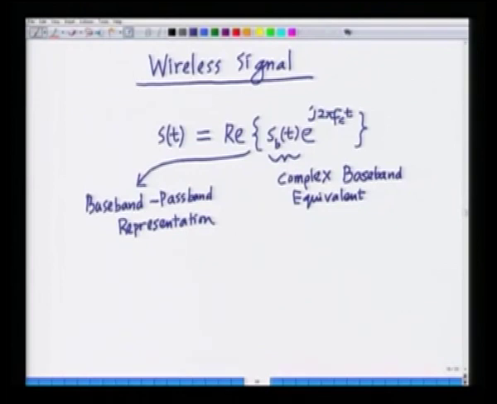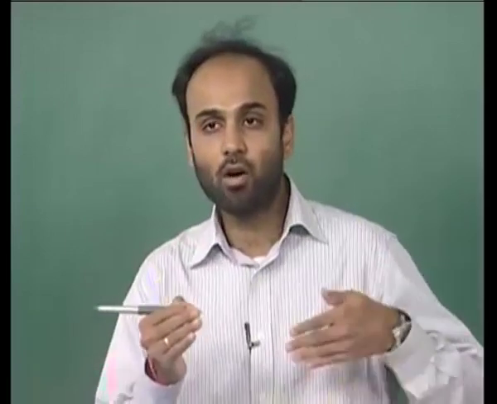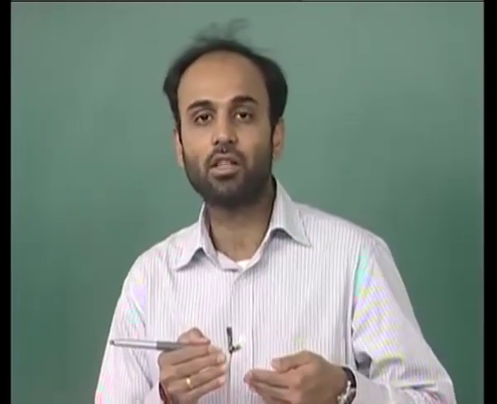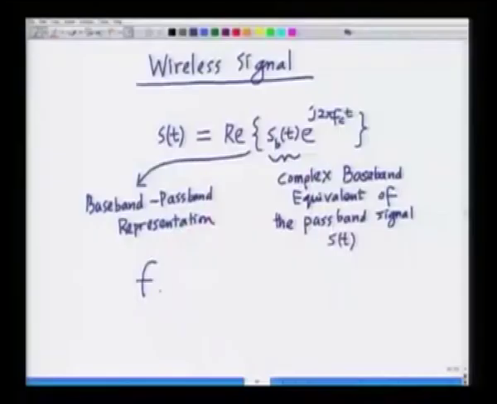This is the complex baseband equivalent of the passband signal S of t. What is transmitted is S of t, which is a passband signal. S B of t is the complex baseband representation corresponding to this passband signal S of t. f c is the carrier frequency.